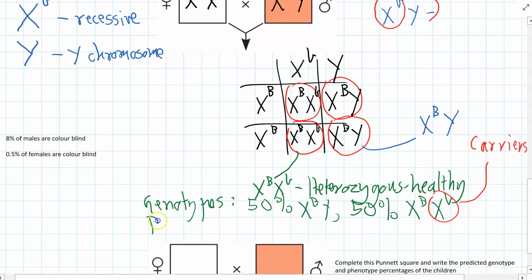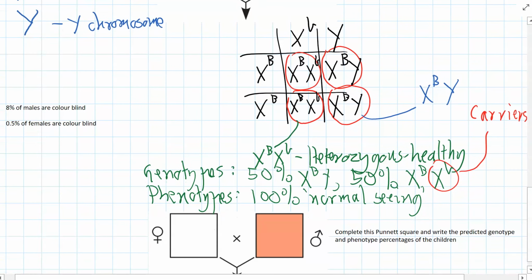And the phenotypes, well, all these children are actually normal seeing. So we have 100% normal seeing. Okay. So you can see if there's a colorblind male and he has children with a female who is homozygous, then they actually aren't going to have any colorblind children.